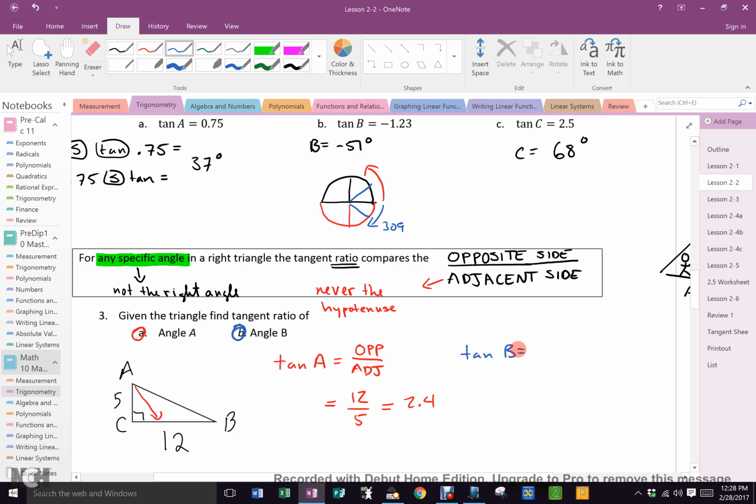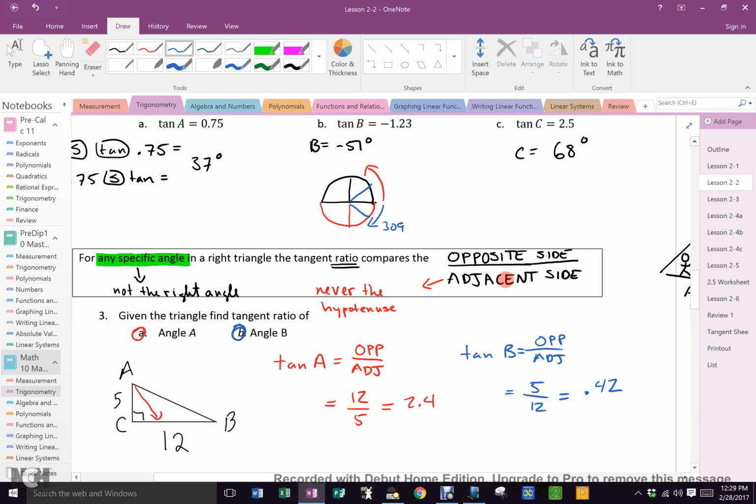Tan B. What is tan always? Opposite over adjacent. But I'm at a new spot in the triangle, aren't I? So what is opposite for B? 5. And what is adjacent to B? 12. So what is B's tan? 0.42. Is everybody good?